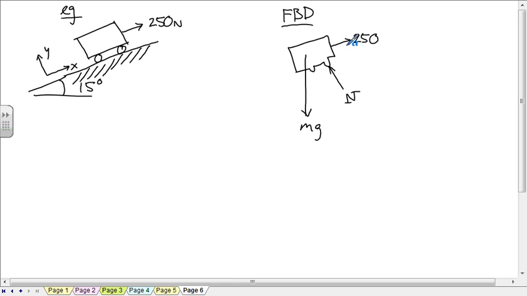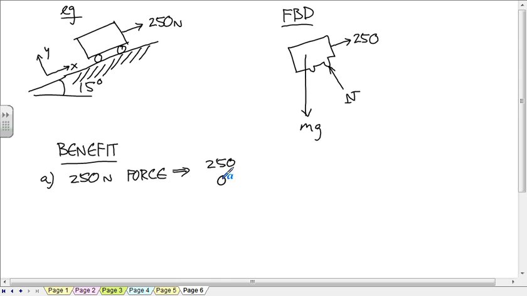So here's the benefit for this example. The 250 Newton force is now just the vector 250, 0. Okay.